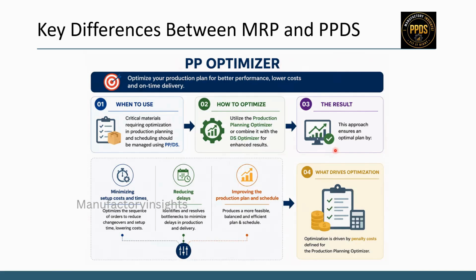This strategy ensures an optimal plan by minimizing the setup cost and times, reducing delays, and enhancing the overall production plan and schedule. The optimization process is guided by the penalty cost defined for the production planning optimizer.